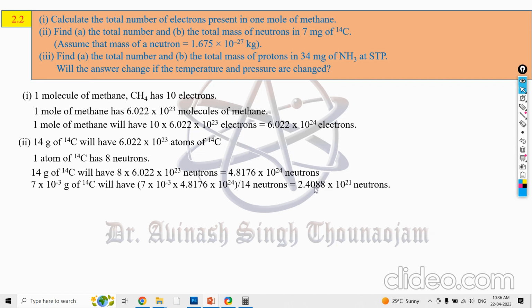You just have to multiply. So the total mass of these many neutrons will be this number multiplied by the mass of one neutron, which is 4.0357 into 10 raised to minus 6 kilograms.